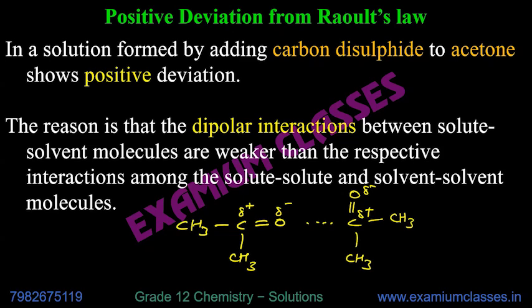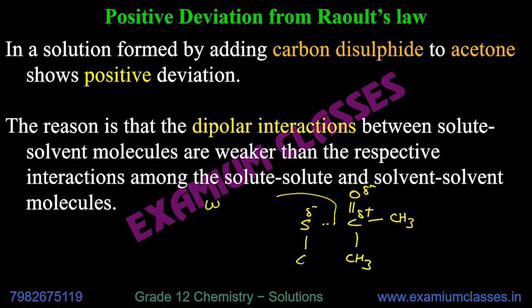But when we mix these two, the resultant dipole attraction between a molecule of acetone and a molecule of carbon disulfide is weaker. So that's why the molecules can get evaporated easily, and vapor pressure will be higher, positive deviation from Raoult's law.